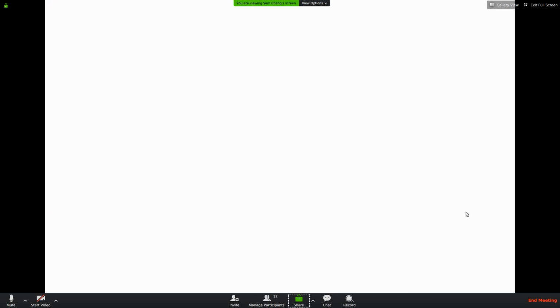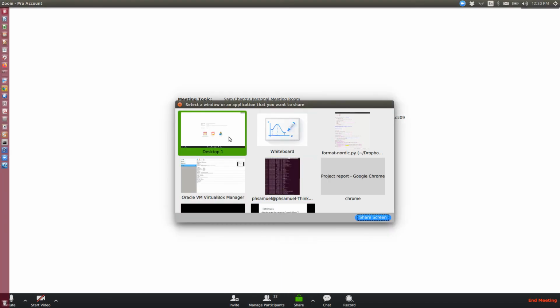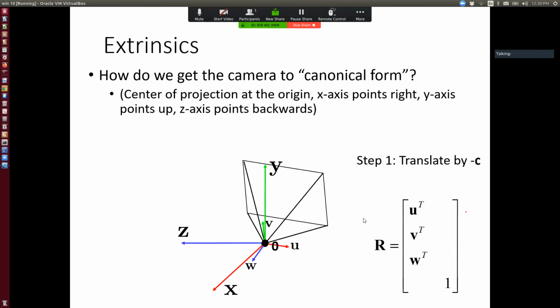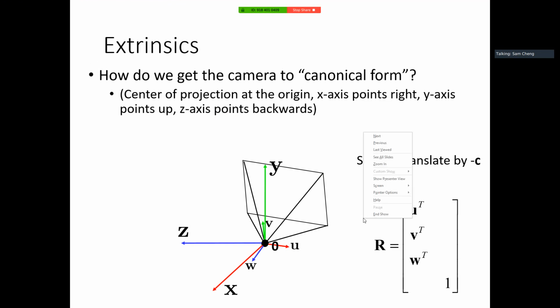I'm thinking that maybe it's easier. Even though I don't prefer to use PowerPoint, I guess here it's actually pretty easy to just sketch from here. So I have the coordinate u here.